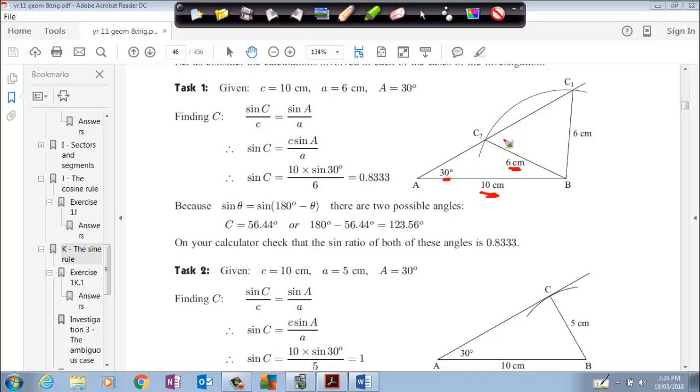Now the problem, if you see geometrically, is there's actually 2 answers, because if you put the compass here and you made this 6 centimetres and you swung that compass around, there's another 6 centimetres over here.